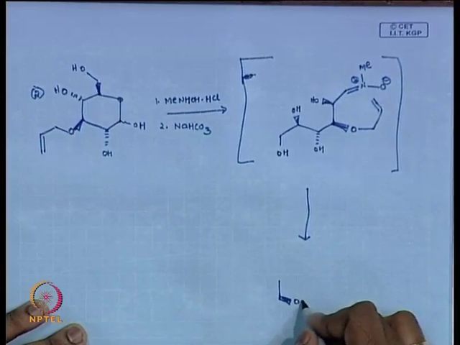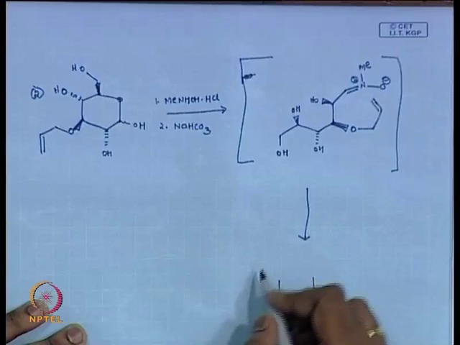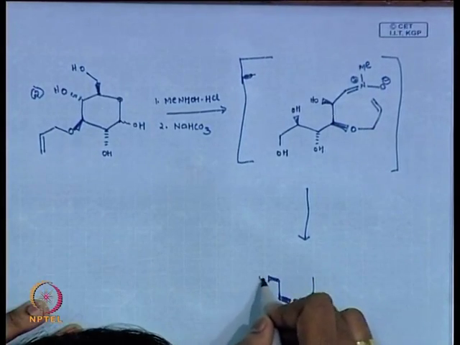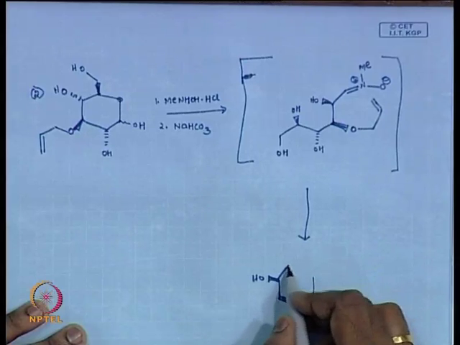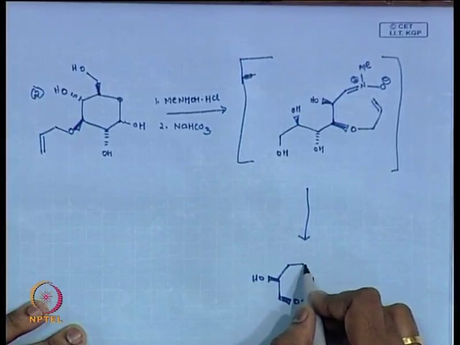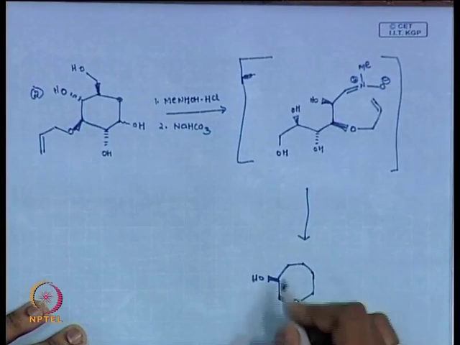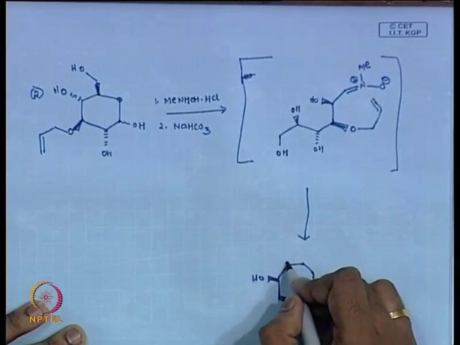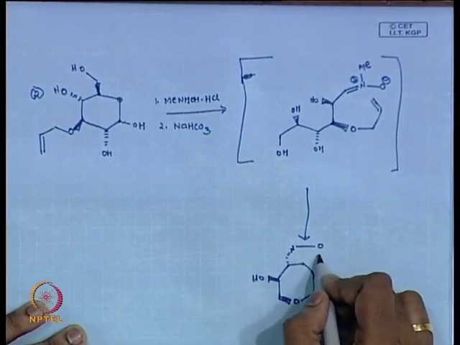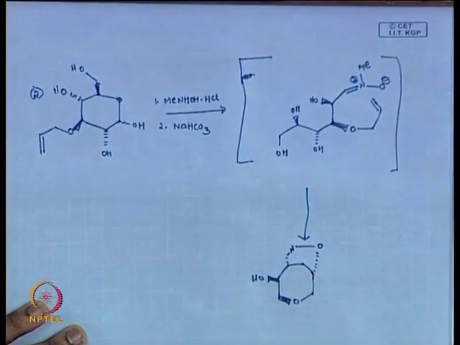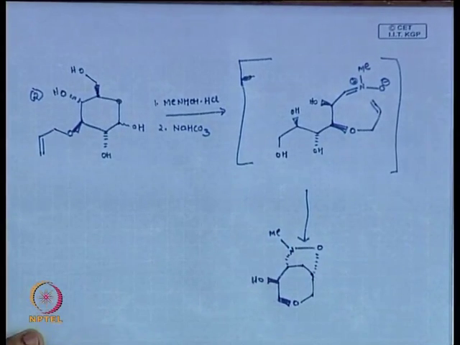First, I will finish the cyclic ring because that's the interesting part. You have your OH, then this cyclizes, right? This will cyclize, and you have your nitrogen here, and then you have your oxygen, and then you have N methyl across this, right?